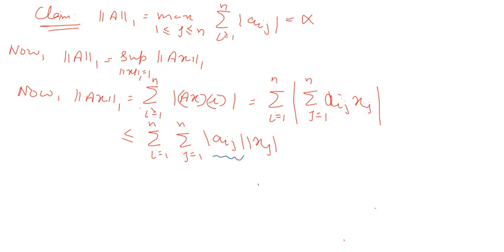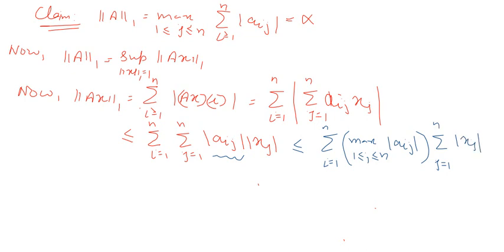So this is further less than or equal to the summation i equals 1 to n of the maximum over 1 less than or equal to j less than or equal to n of the modulus of aij, that is a known thing that you can work with, times the summation j equals 1 to n of the modulus of xj.